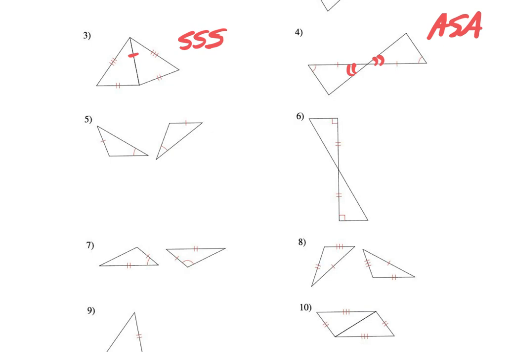No. If two triangles are separated like this, you're not going to be able to prove anything unless something is told or given to me. So I can only use what is given to me, and right now 2 pieces is not enough, and so we would say these are not congruent. We only have 2 pieces. 2 pieces is not enough. Okay, number 6.